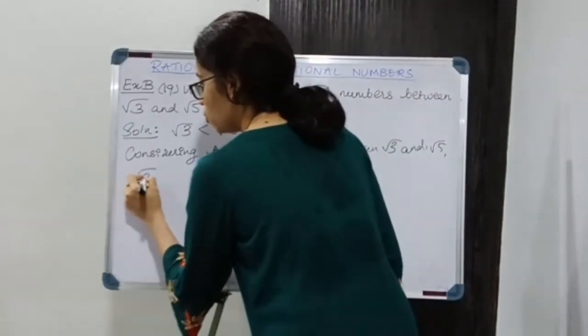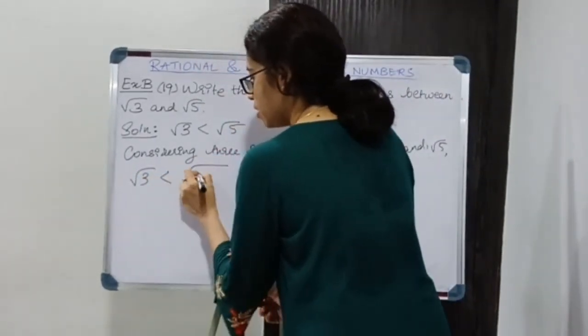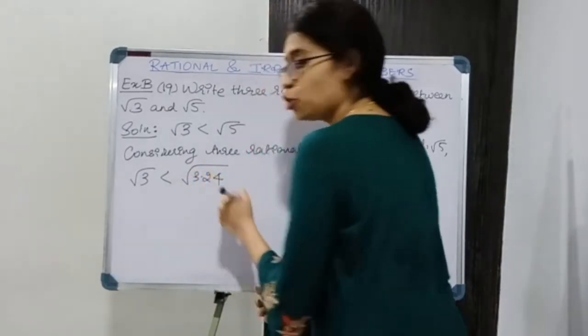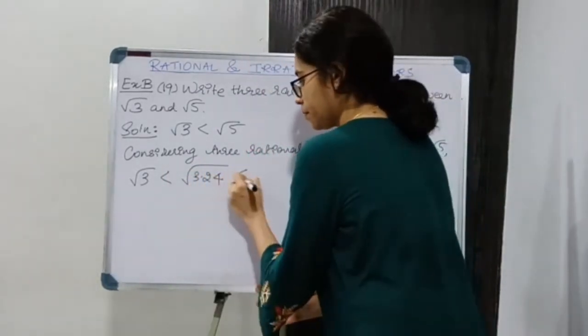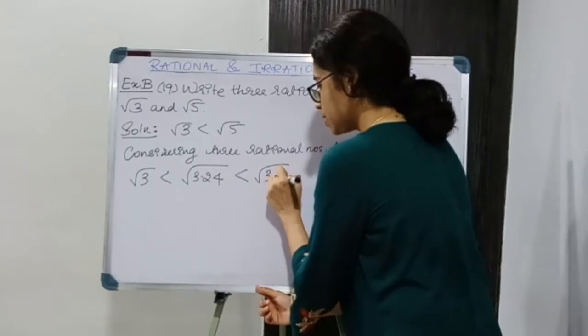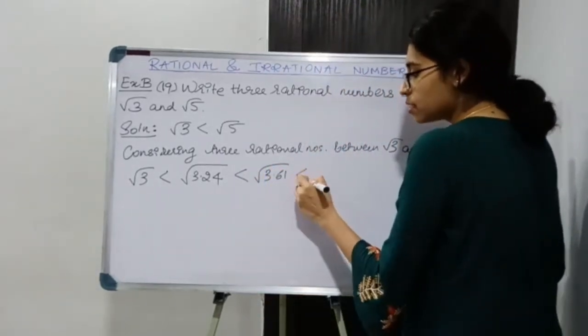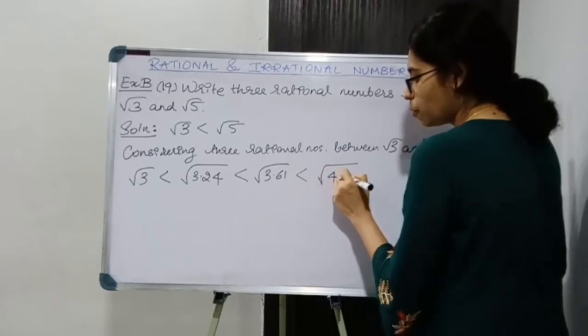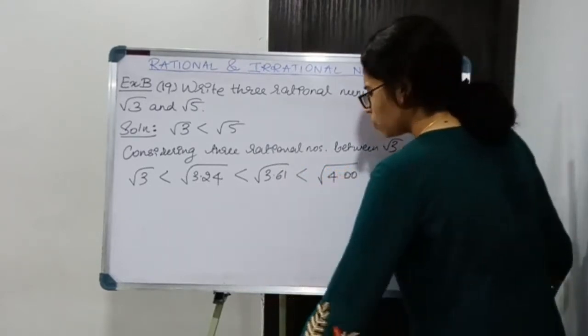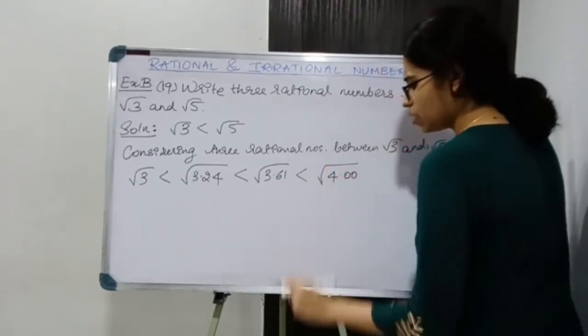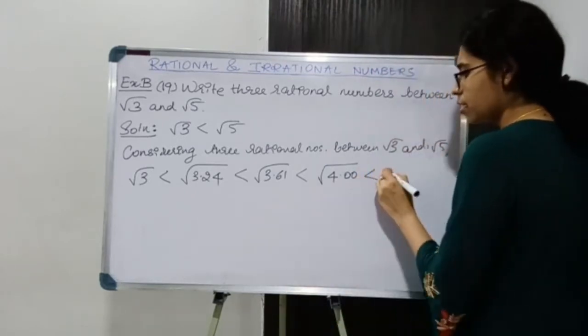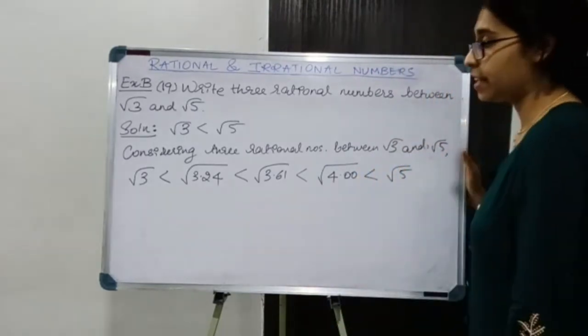I have root 3 is less than root of 3.24, root of 3.61. You should know perfect squares in these cases. Root of 4.00 or 4, whatever you can write. I have written 4.00, you can also write 4, less than root 5.